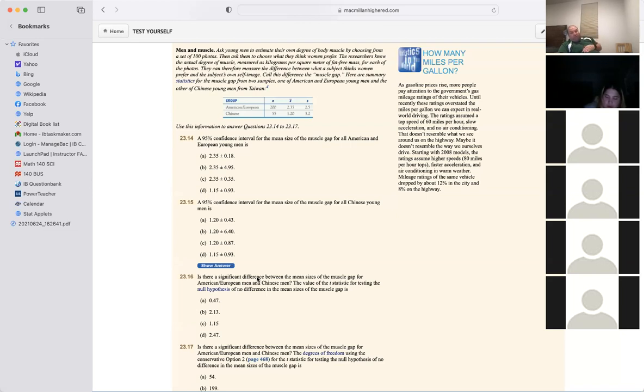What two numbers are you subtracting from each other?